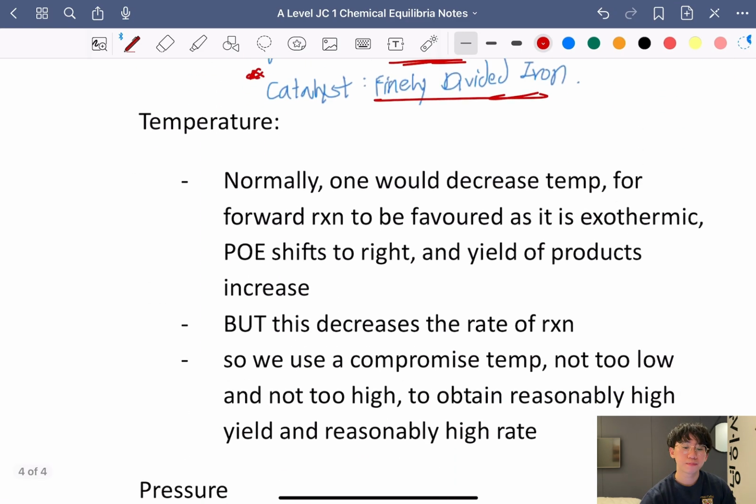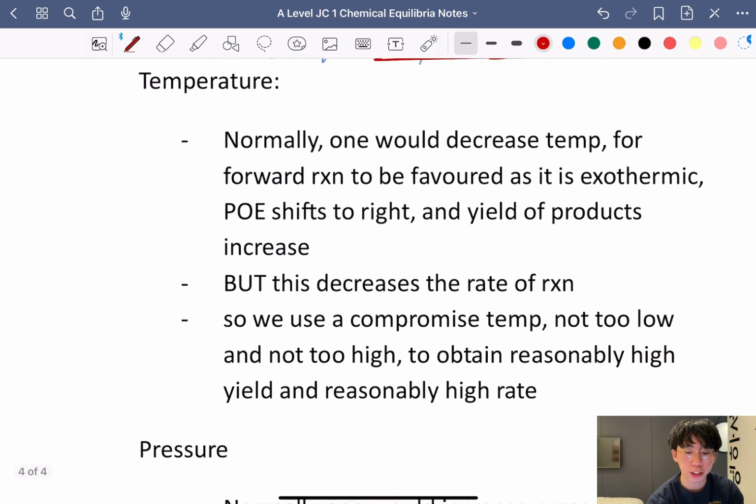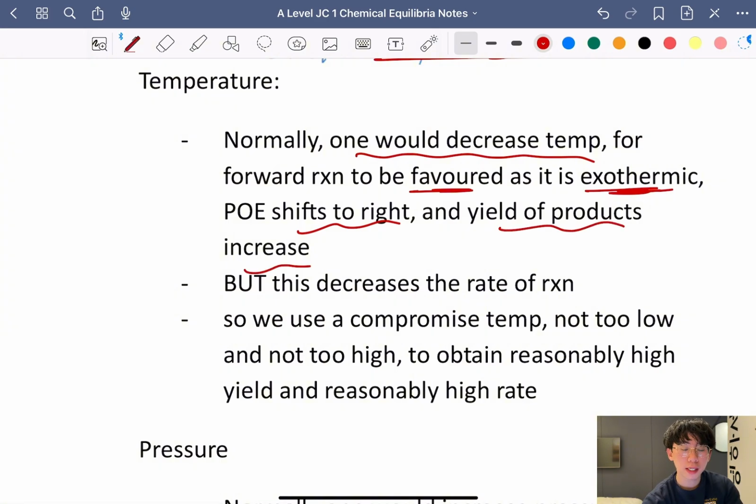So for the temperature, normally one would decrease the temperature because the forward reaction you want it to be favored because it is exothermic. And therefore, if you lower the temperature, the position of equilibrium will shift to the right and the yield of my products will increase. But you must know that for industrial purposes, or like the industrial reason itself, why I cannot lower my temperature that much is because if I lower it too much, the rate of reaction, more specifically the rate of my forward reaction, would be hindered.